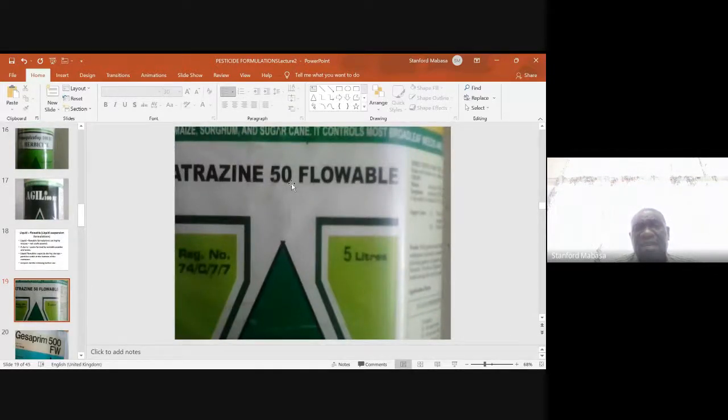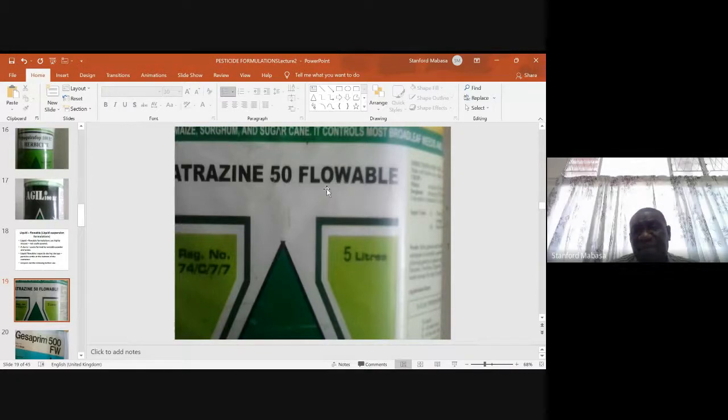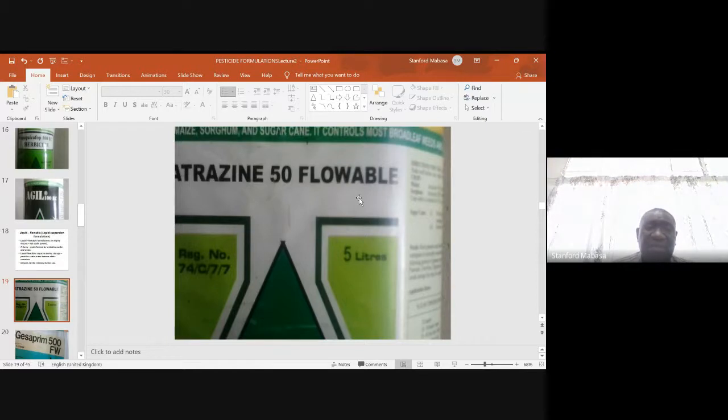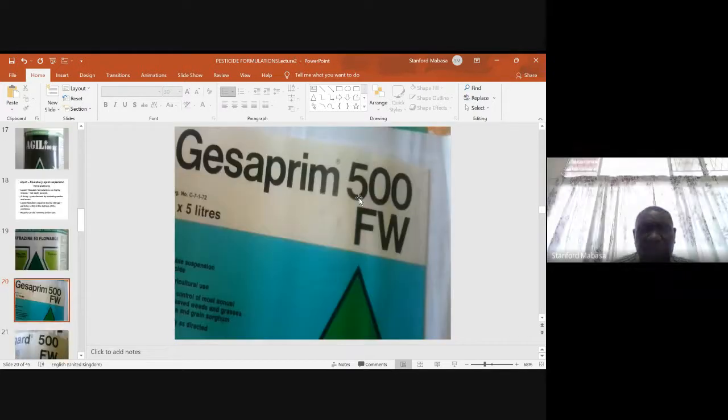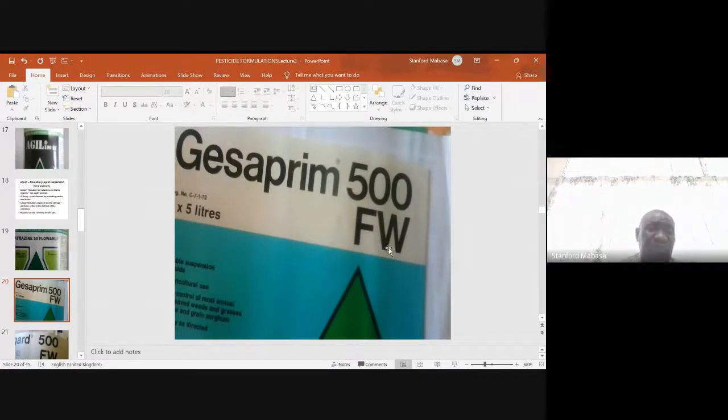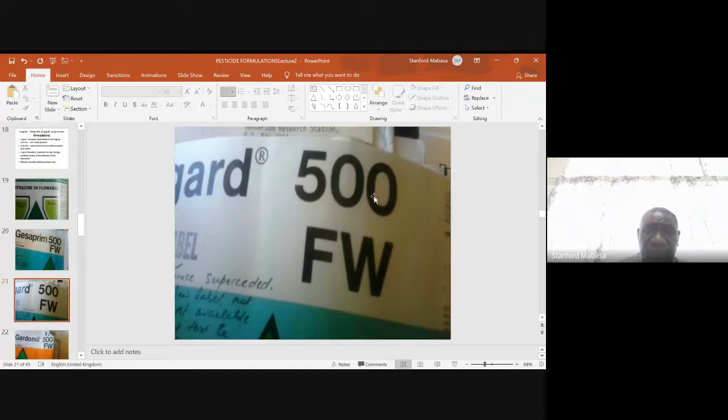Here we've got atrazine, which has been written flowable. That's what it means. It means even if you try to pour atrazine, it's difficult. It can be written FW in short, referring to flowable. Again, we have 500 FW, meaning flowable.